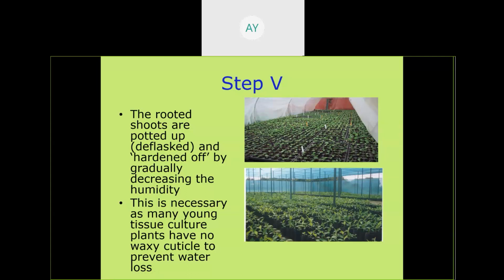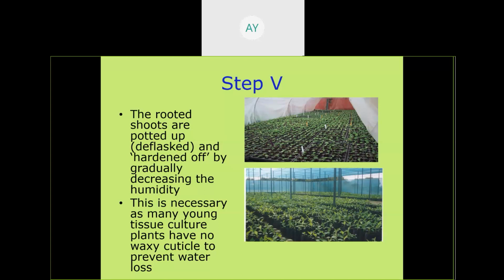Okay, and then there is necessary many young tissue culture plants have no waxy cuticle to prevent the water loss. Okay, so in that situation we try hardening, means gradually acclimatization, shifting from lab situation to environmental situation, that is known as hardening.